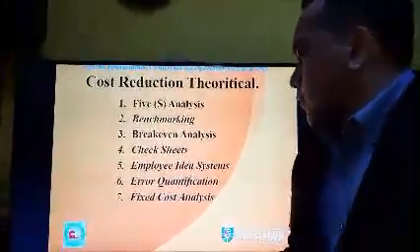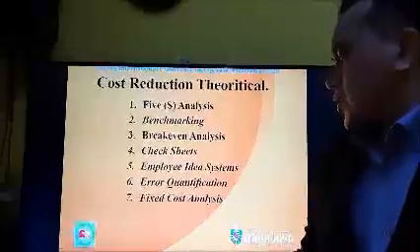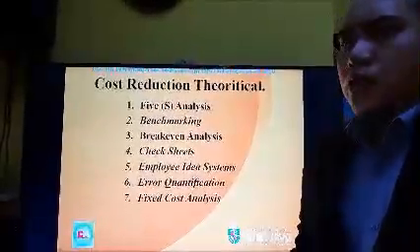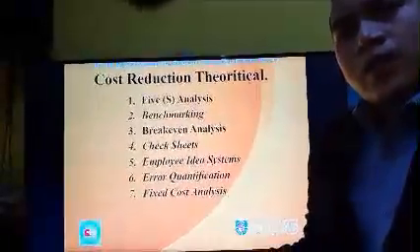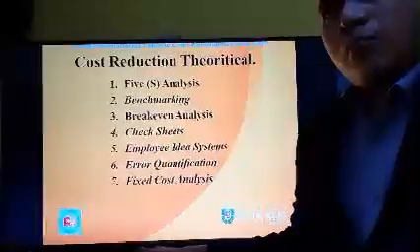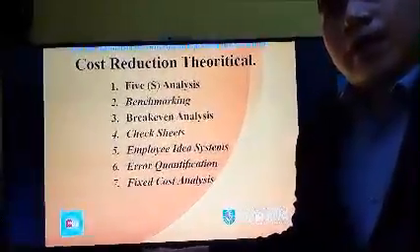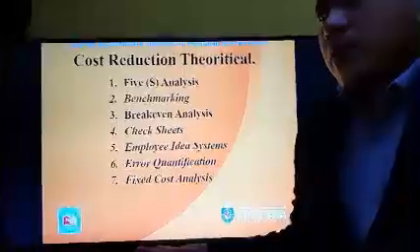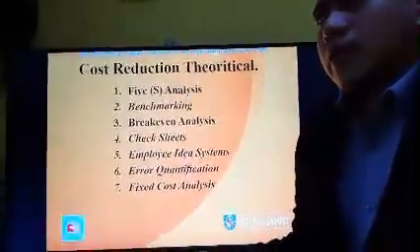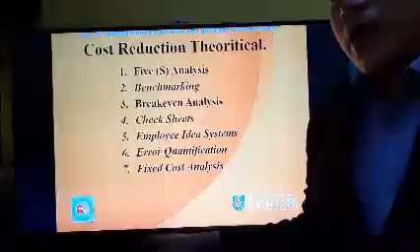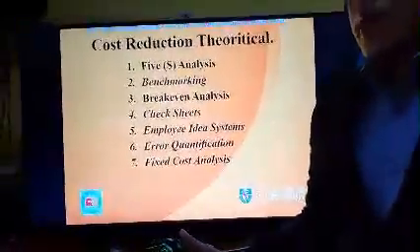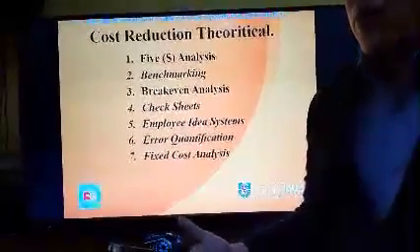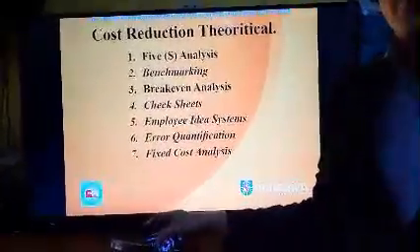The seventh, fixed cost analysis. To get the fixed profit, we must first get the fixed cost of the material. If we already have the fixed cost of material, we can plan how much budget is needed for the material monthly, and then we can also calculate the profit monthly.